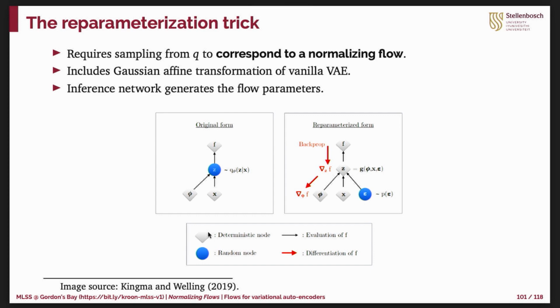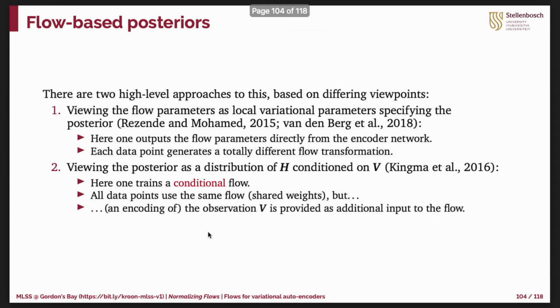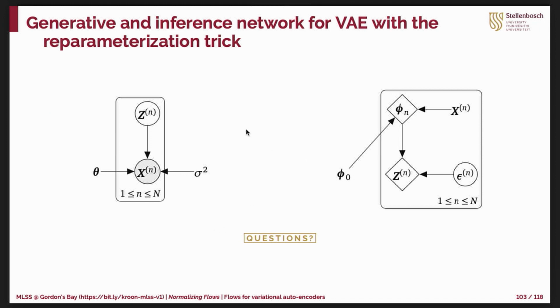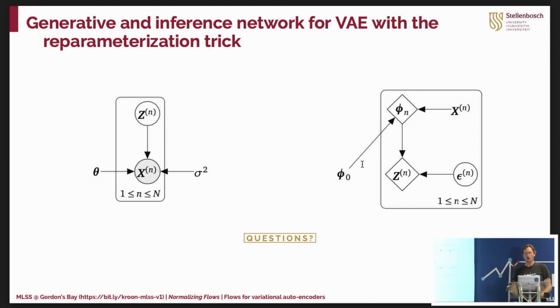So this is just going through the reparameterization trick. When we finish with the reparameterization trick and we draw what the Bayesian network looks like, and I'm not going to do it right now, but if you download the slides and go back to the picture I drew right near the start of the normalizing flows section, where I said, here are normalizing flows, here are conditional normalizing flows, this is exactly the same diagram as a conditional normalizing flow.